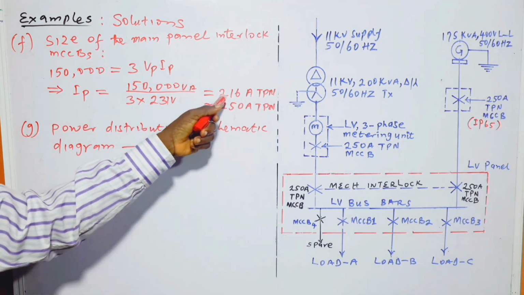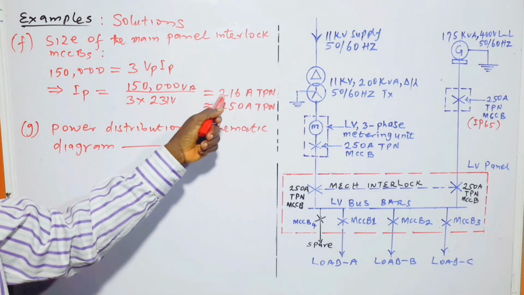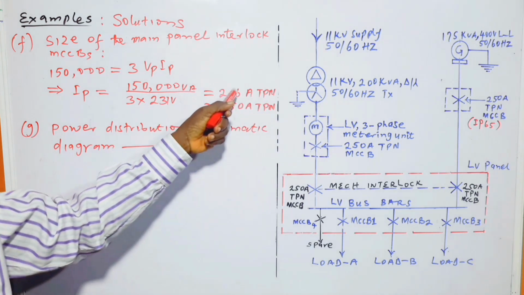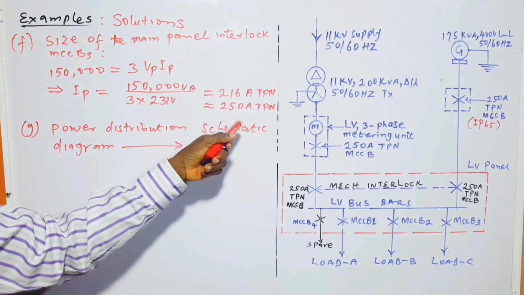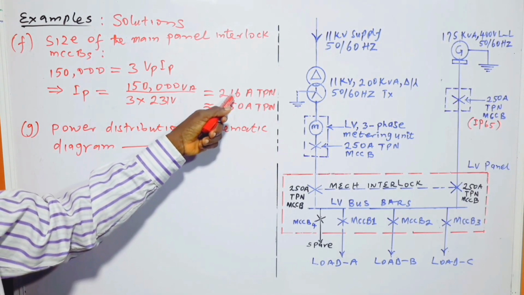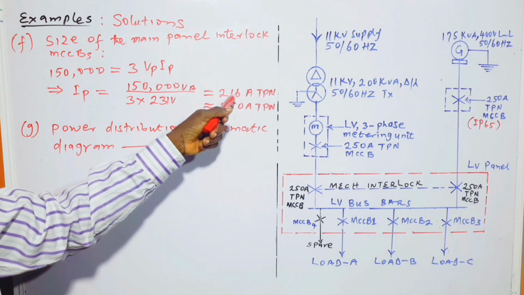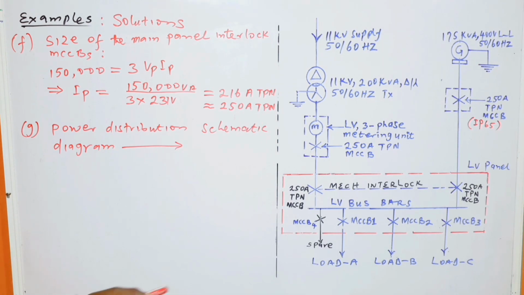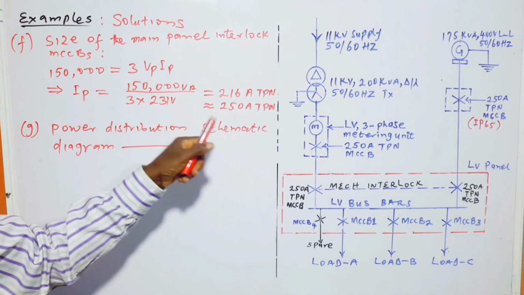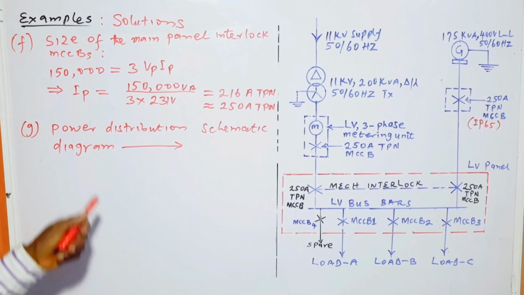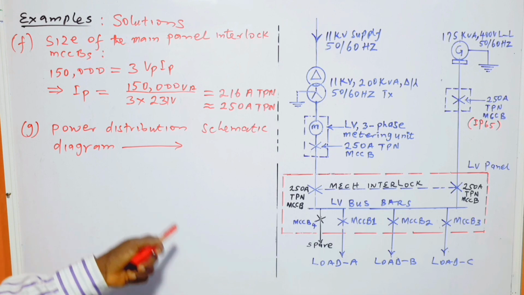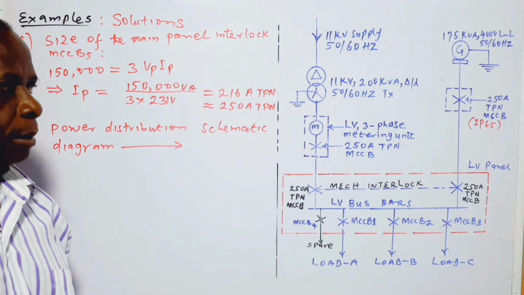From there, we calculate I phase to be 216 ampere, triple phase with neutral, and the readily available MCCB in the market that is higher than this and very close to this is 250 amp, triple phase with neutral. We can make use of the 4-pole type. Alright, so that is the size of the circuit breaker.